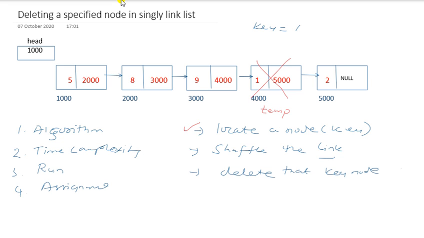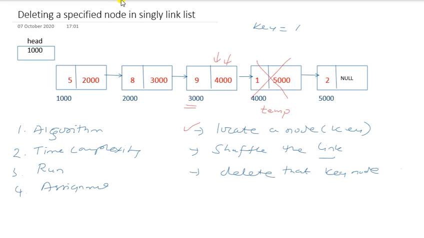That is the temp. Then what you are supposed to do is shuffle this link. You have to modify this link. But this address is not available to you, because you have already come to the node to be deleted. You cannot go back. There is no way out because it is a singly linked list.